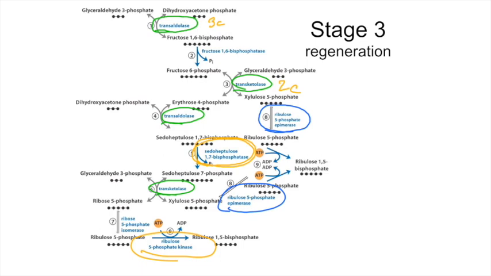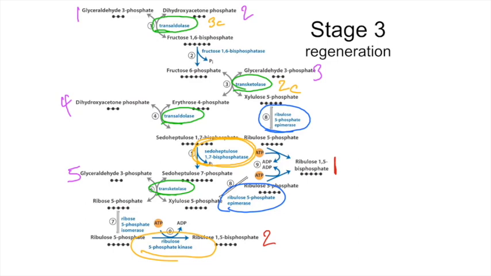That we start off with 1, 2, 3, 4, and 5, 3 carbon intermediates. And we make 1, 2, oh, wait a minute.